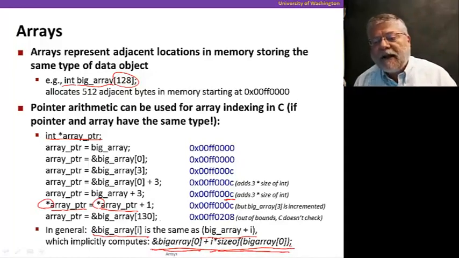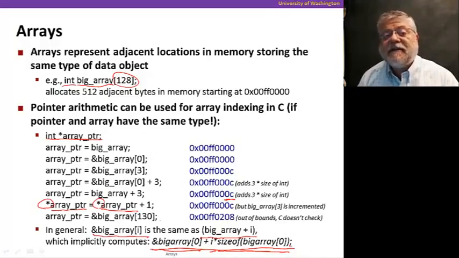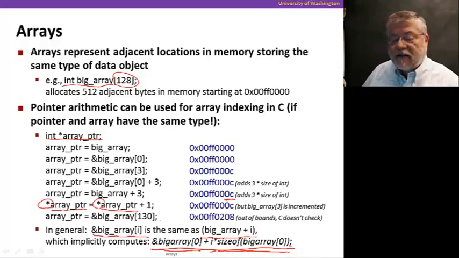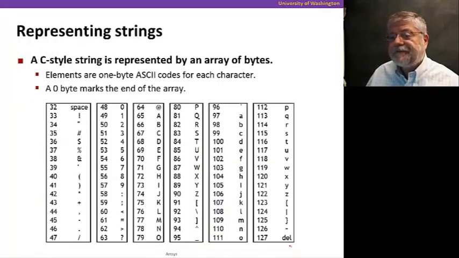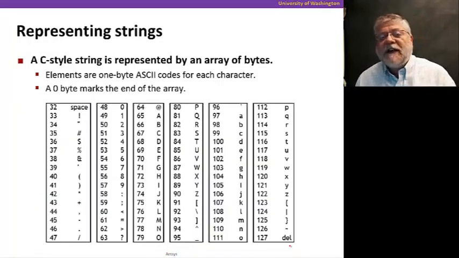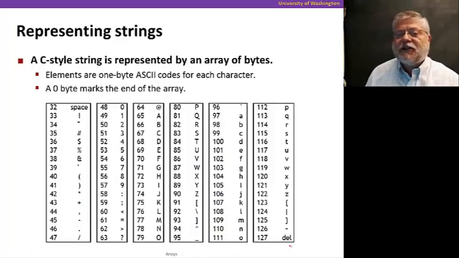Okay, and in C we can use the sizeof function to tell us what size the element of the array is. Okay, let's take a look now at strings rather than integers.